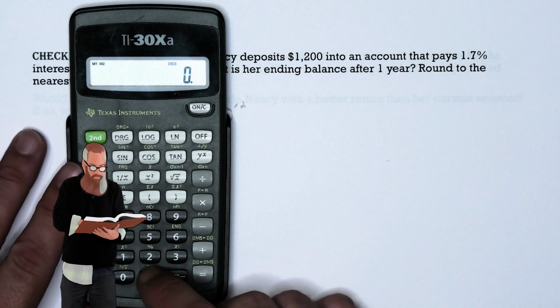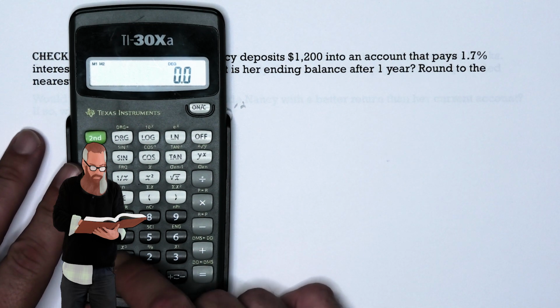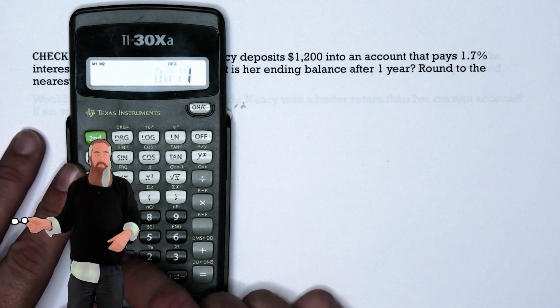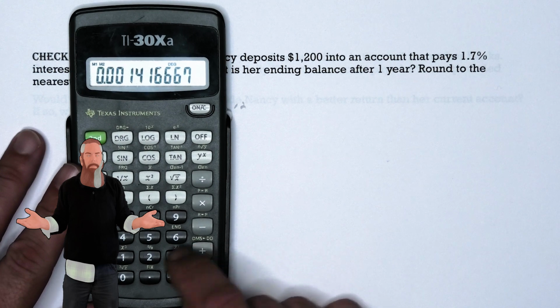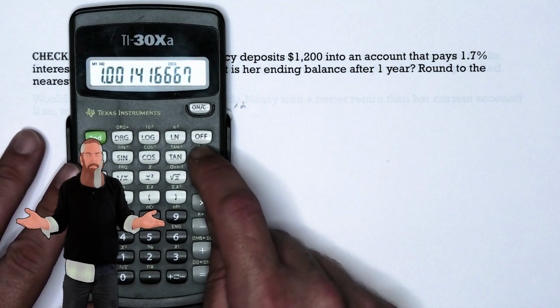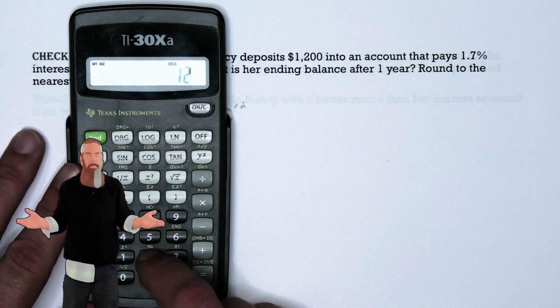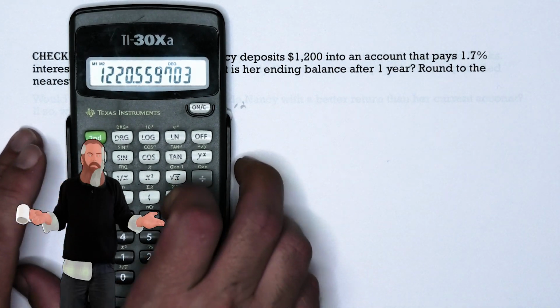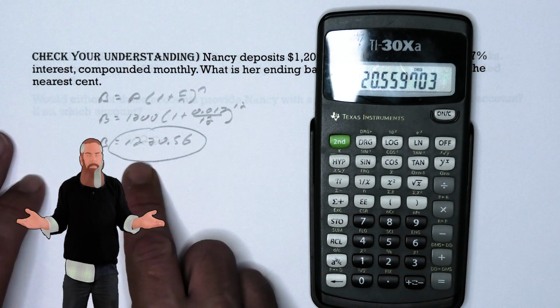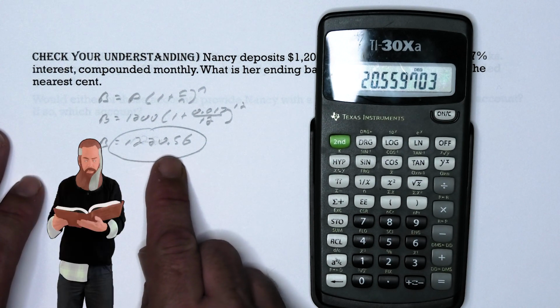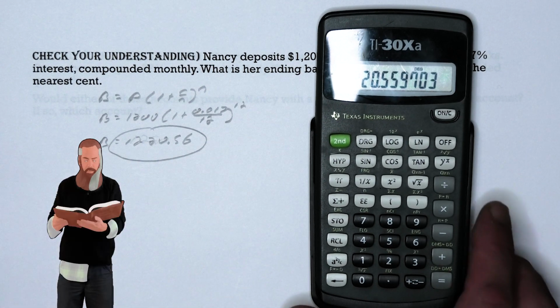So to do this, we're going to say 0.017 divide 12 equals plus 1 equals exponent 12 equals times 1,200, and we're going to get $1,220.56 because we're rounding to the nearest cent.